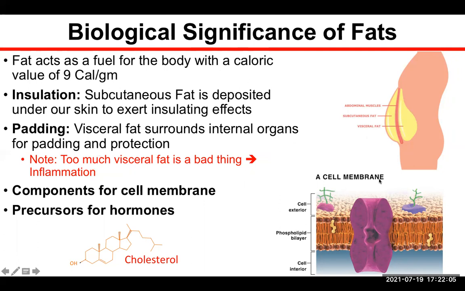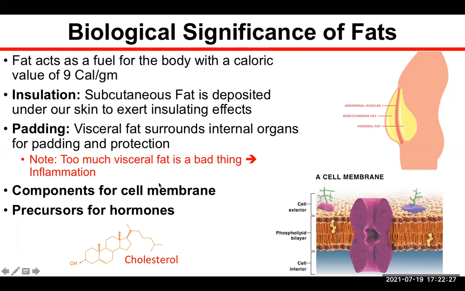The other significant biological effect that fats serve is as components of cell membranes. Here you can see examples of cholesterol making up the cell membrane. This helps facilitate fluidity of the cell when it's moving, so it makes it less rigid.